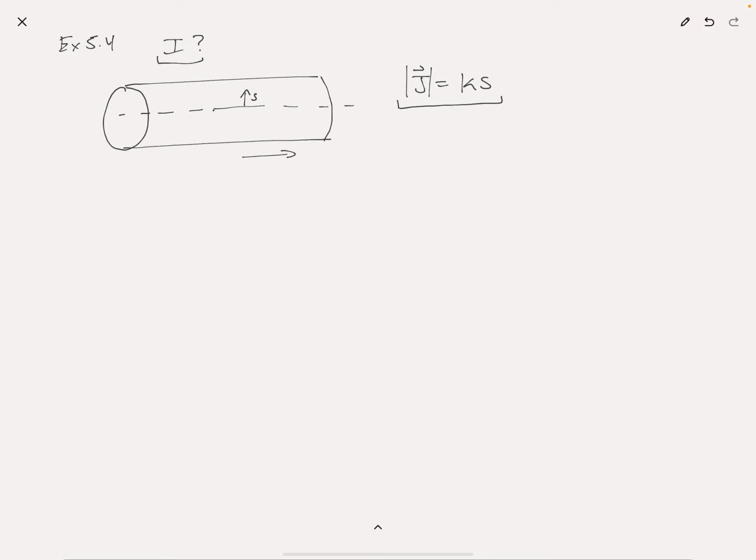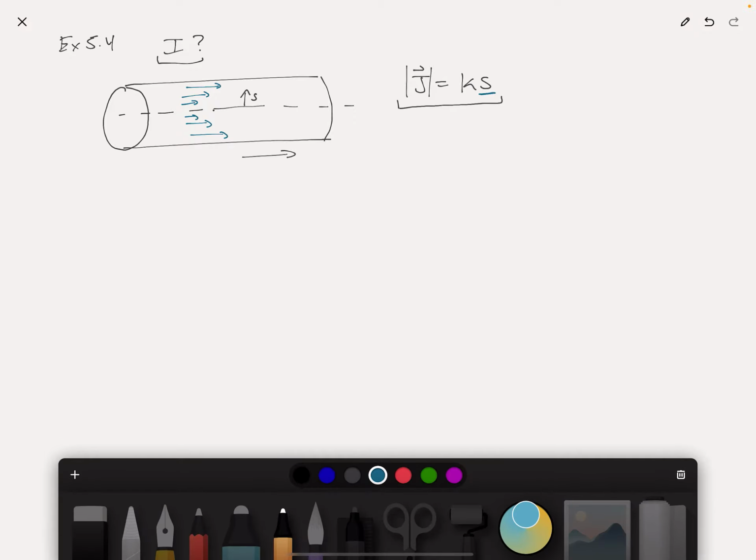If I sketch what this volume current density looks like, when I'm at the center of my cylinder along this dashed line, S is 0, so I have really no current traveling there. But as I travel farther and farther away from that center, the current gets bigger. So let's calculate what that total current is.